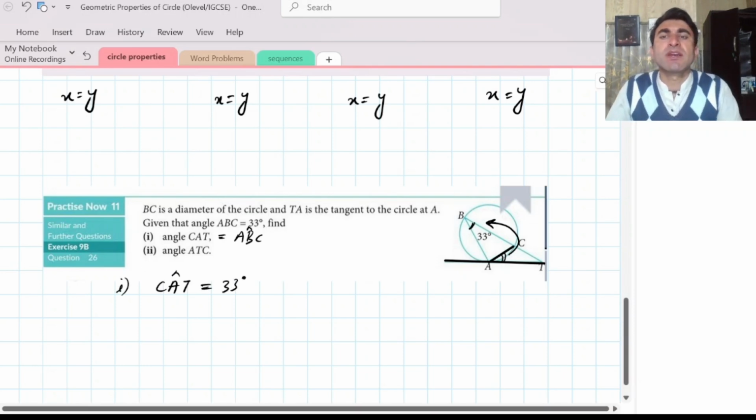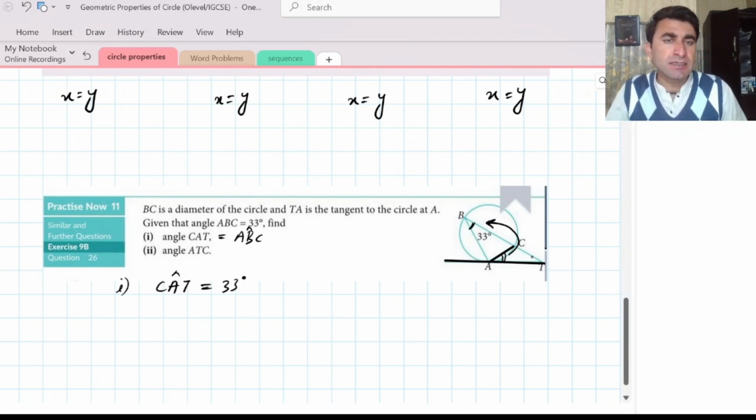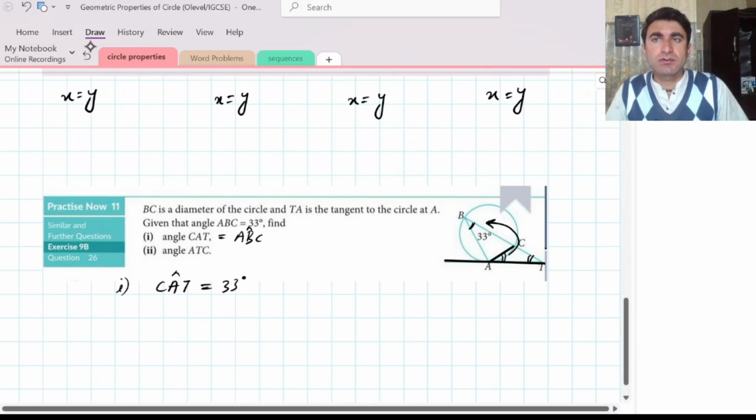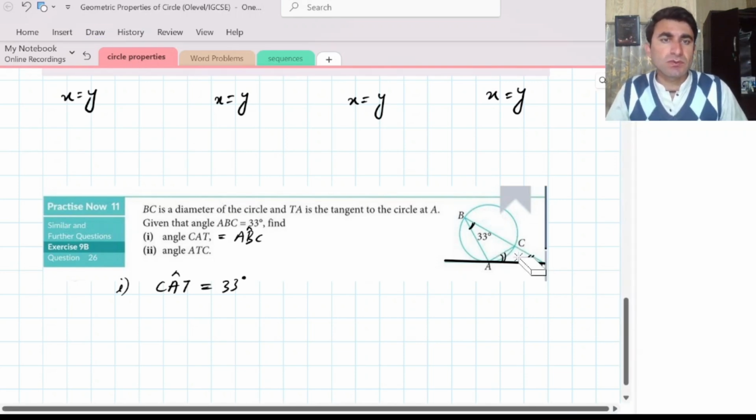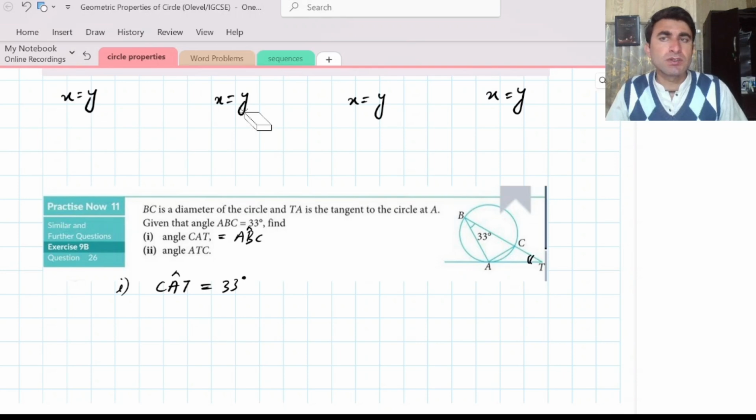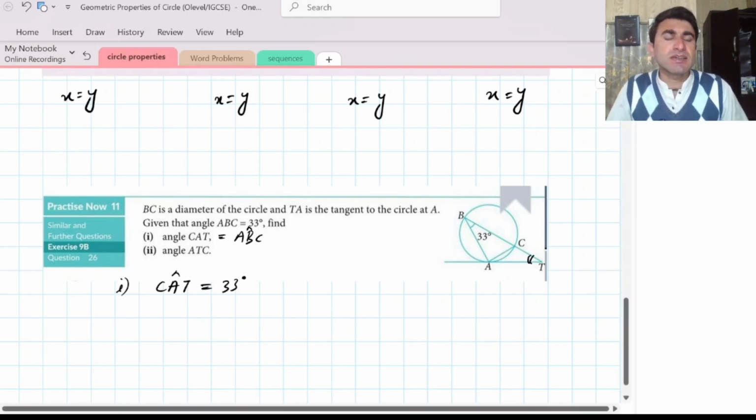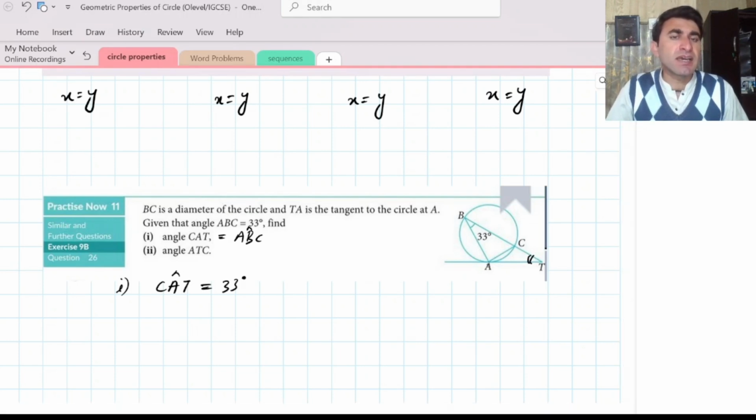Now the second one, angle ATC, which is formed over here. In order to find this angle, note that it is in two triangles: triangle ACT as well as triangle ABT.